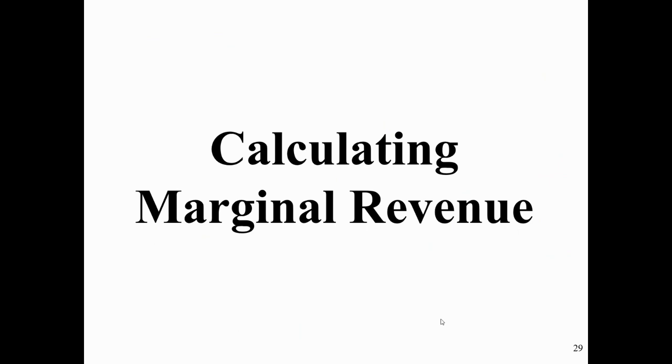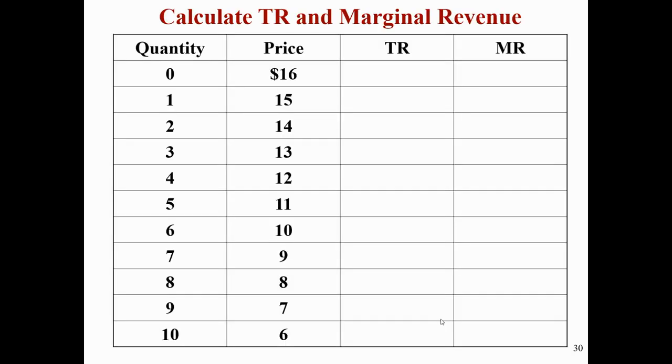So, how do we calculate marginal revenue again? Just as a reminder, if I have quantities sold or demanded times the price, when I multiply them line by line, I get the total revenue. So 0, 15, 28, 39, 48, 55, 60, 63, 64, 63, 60. Right, Mister.